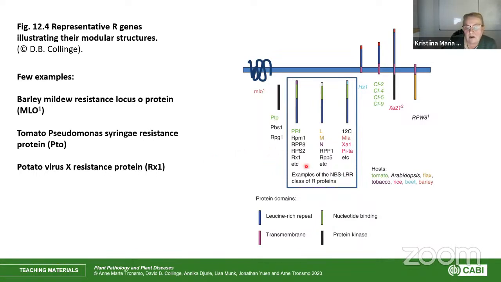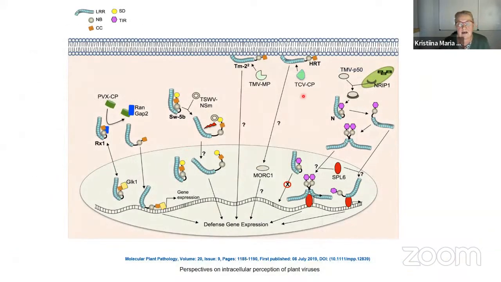For example, a few of these intracellular receptors are against viruses. For example, this RX1 is against potato virus X, and potato virus X is one of the examples that I'm going to talk about today. This picture is about the receptors that recognize viral effectors in the cytoplasm.